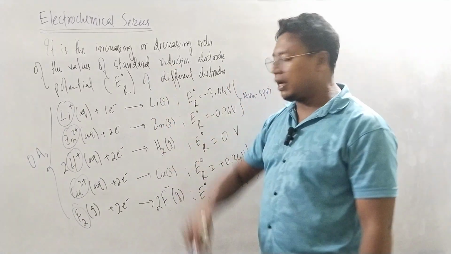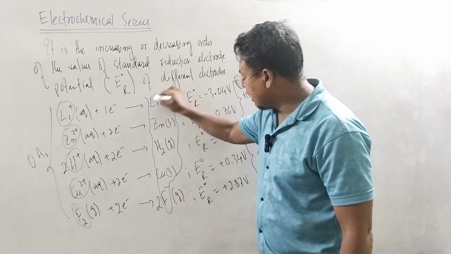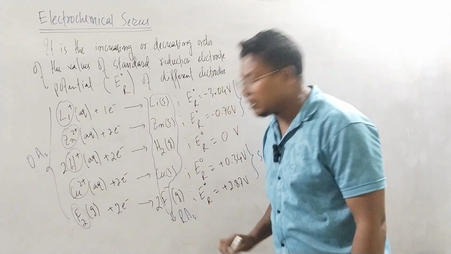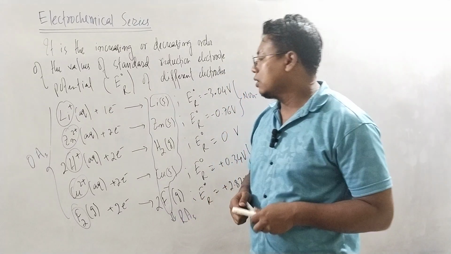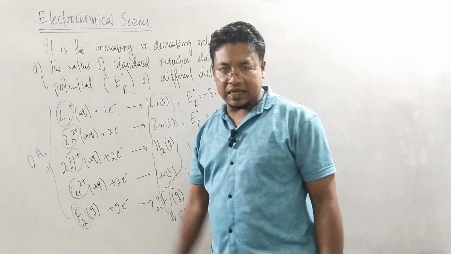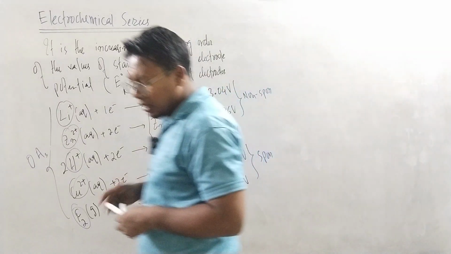So this will be our reducing agents. So in the application of electrochemical series, we can compare the strength of two oxidizing agents and the strength of two reducing agents. Okay, please note it down.